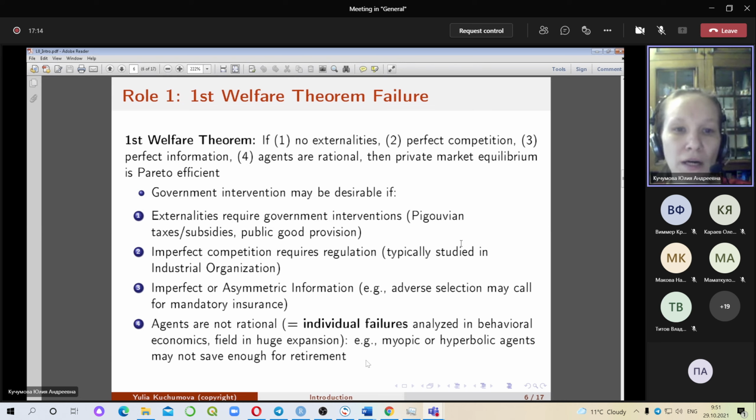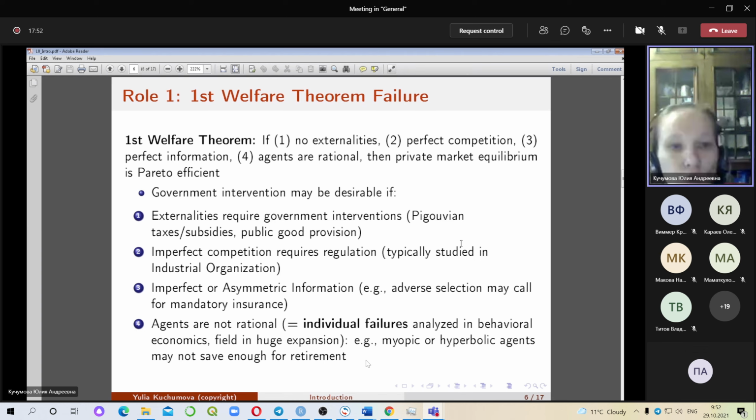Then it is desirable if imperfect competition exists, but this is mostly studied in industrial organization courses. Then it is desirable if there is imperfect or asymmetric information. Again, this is an important issue, and usually part of public economics, but we will not touch this aspect in this course due to the limit of time.